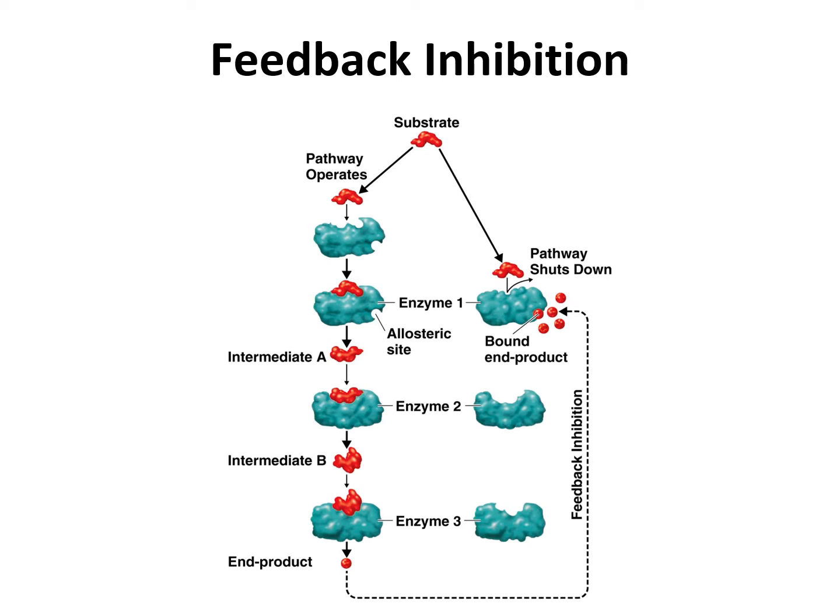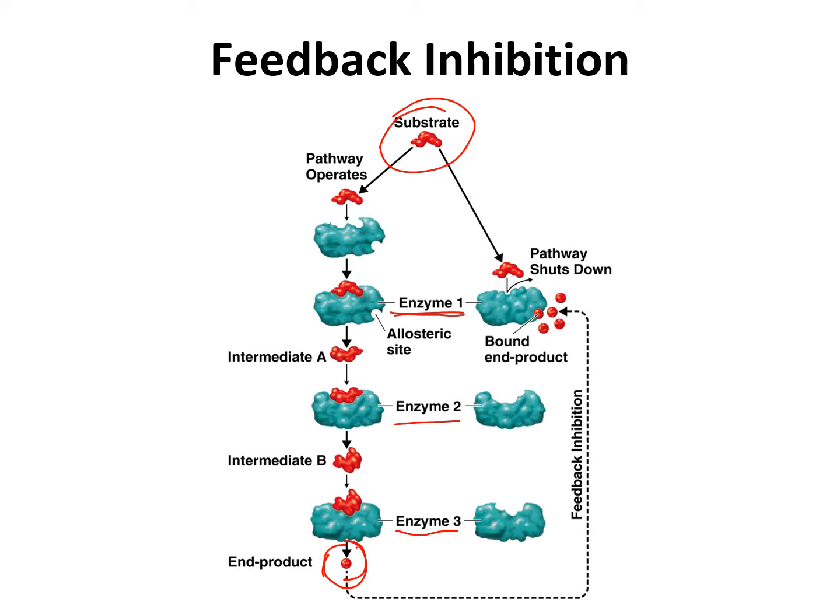So in this example, we start out with a substrate, and the substrate is going to be converted to that end product. And in this example, it's going to take 3 enzymes to do it. Enzyme 1, enzyme 2, and enzyme 3. So this is a series of enzymes.